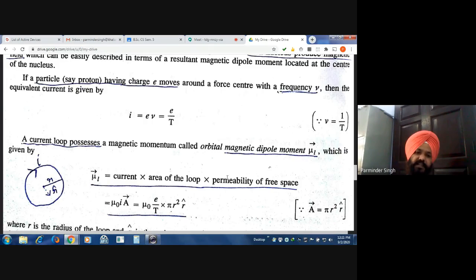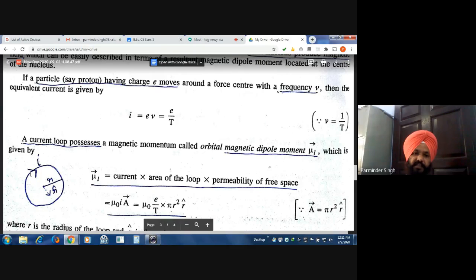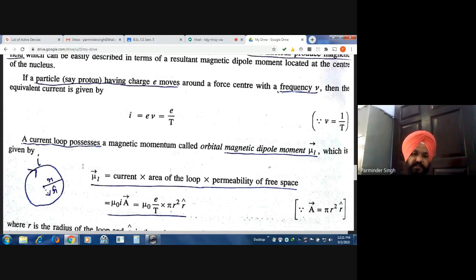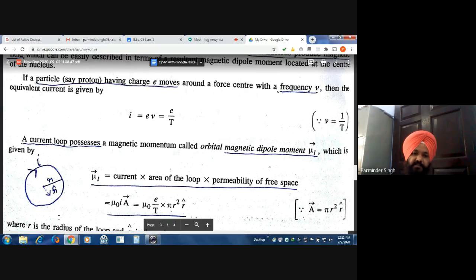Here we can see in the diagram, current I is moving in a circular loop with a radius of small r, and r cap is the radius vector, and its direction is always perpendicular to that surface.